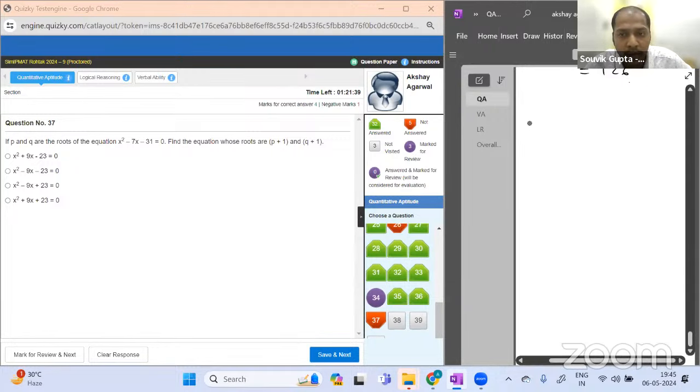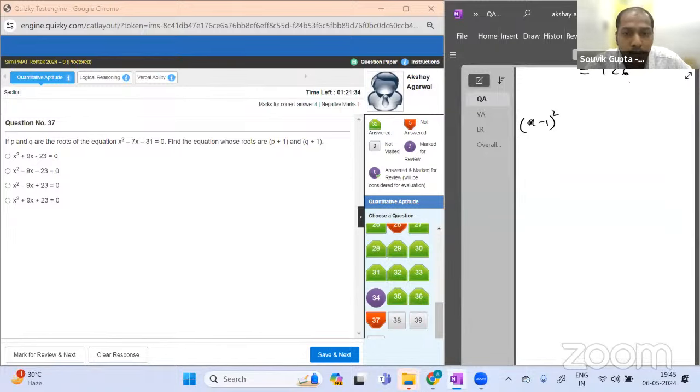The roots I want, so x minus 1 the whole square minus 7 times x minus 1 minus 31 equal to 0. So x square minus 2x minus 7x, so minus 9x plus 1 plus 8, so minus 31 plus 8, that will be minus 23 equal to 0. X square minus 9x minus 23 equal to 0.